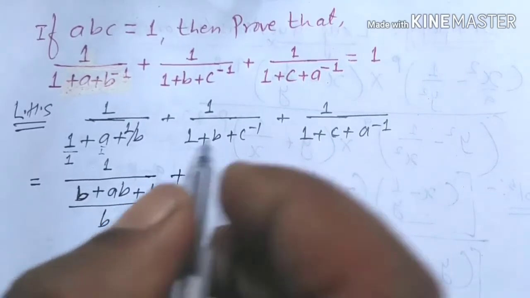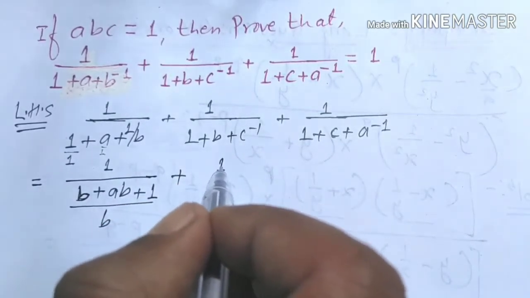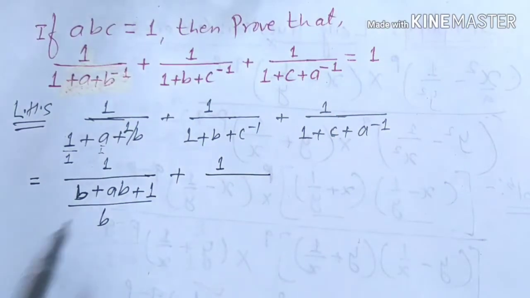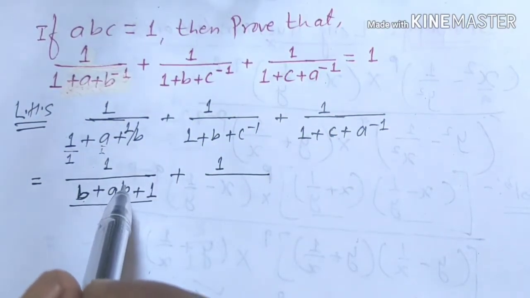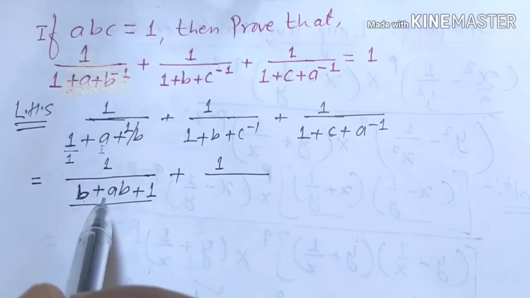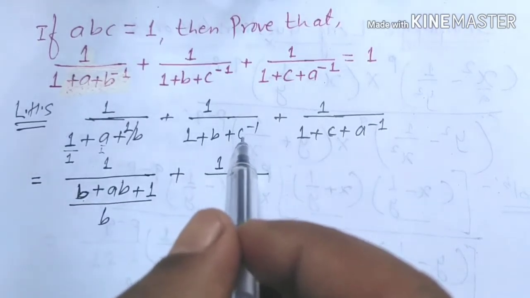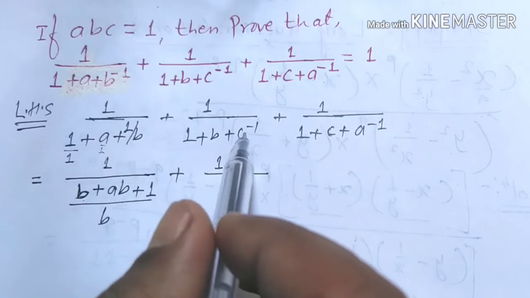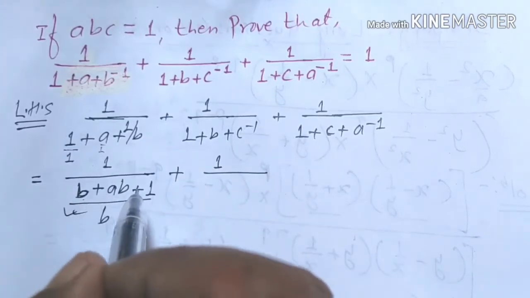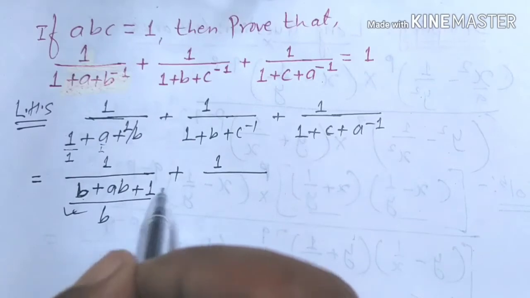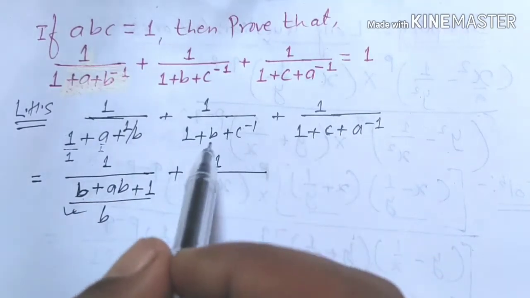Now you can see 1 plus B plus AB is in the denominator. So we should also make this term the same, 1 plus B plus AB, so that we can take the LCM from each term and cancel out.